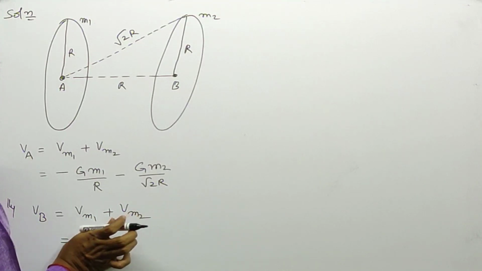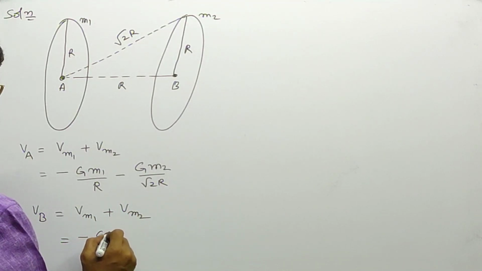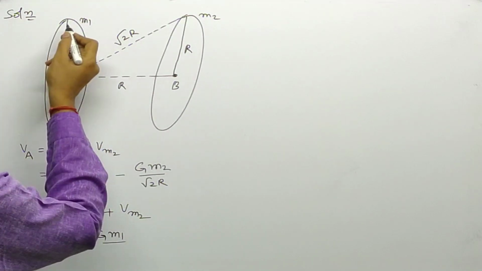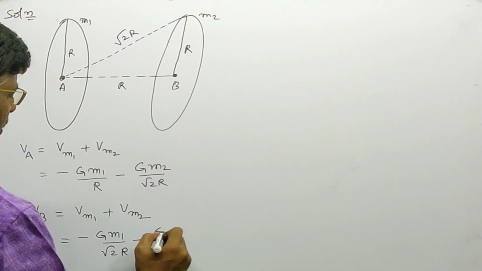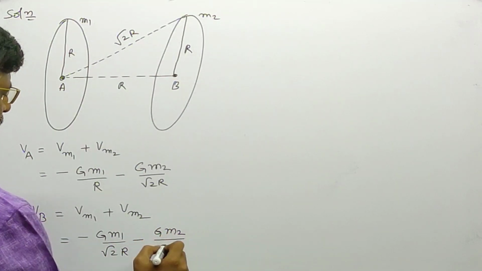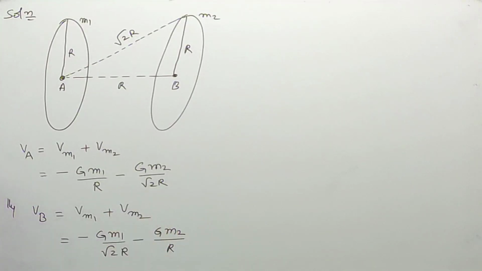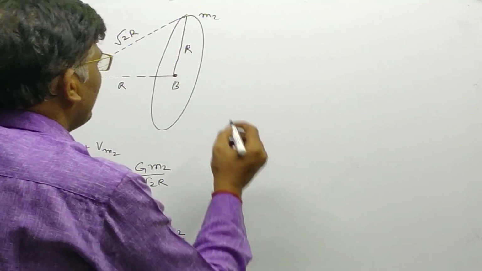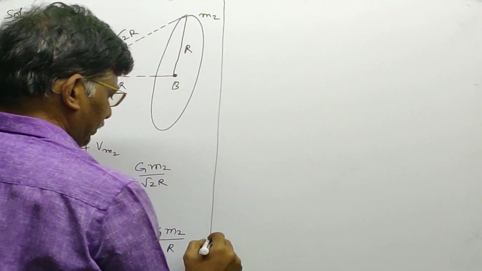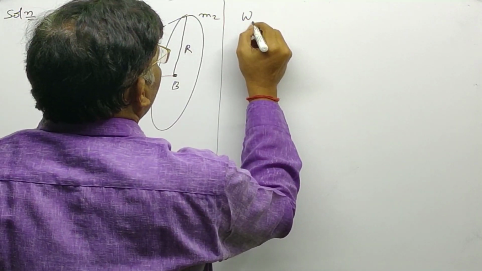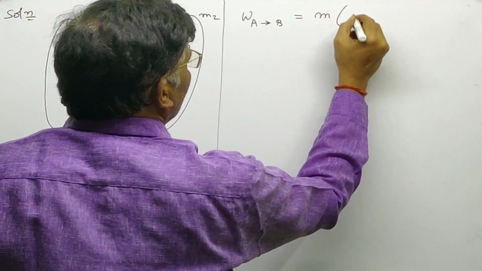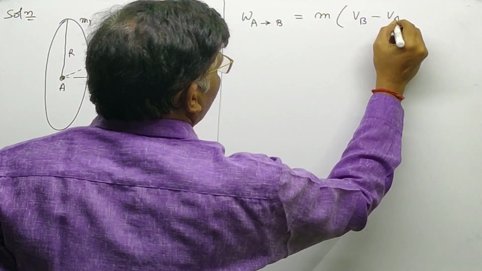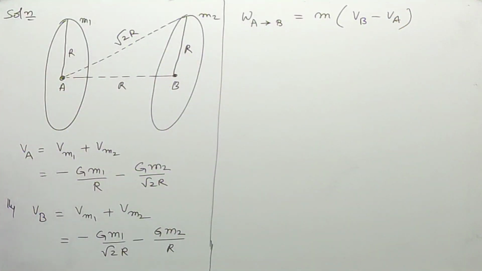That is equal to minus GM1 divided by root 2R, since B is at a distance root 2R from M1, minus the potential due to M2, GM2 divided by R. The work done in moving a mass from A to B is equal to m into (VB minus VA).